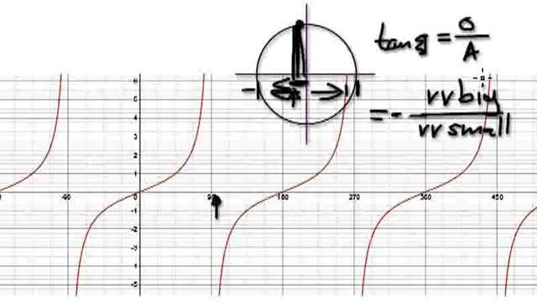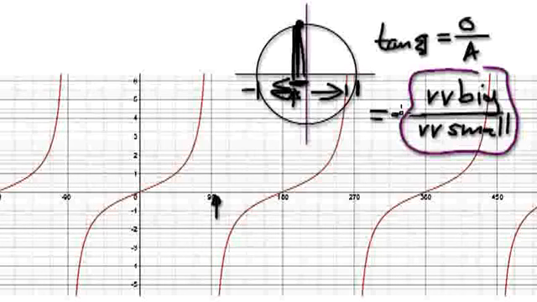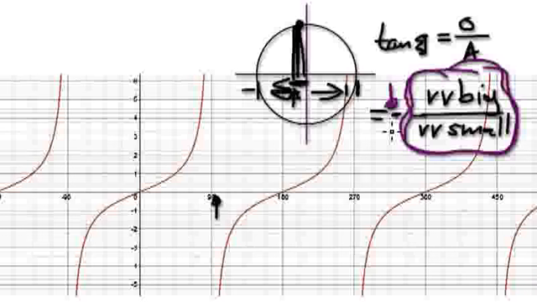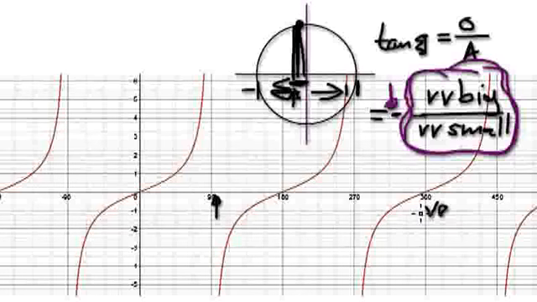So whatever this answer is, it will be a negative answer because we've taken the negative out. Now, very big divided by very small is going to give you very big.